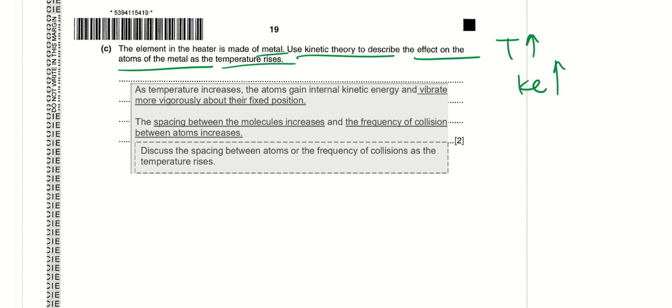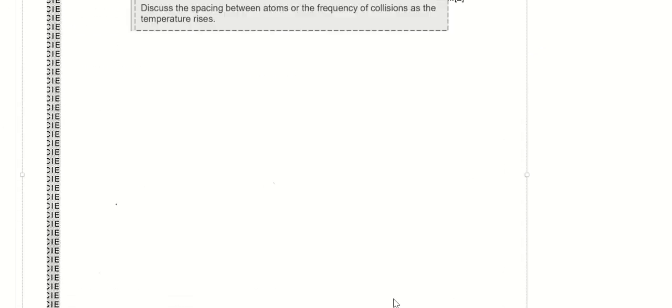As temperature increases, the atoms gain internal kinetic energy and vibrate more vigorously about their fixed position. Spacing between the molecules will increase and the frequency of collision between the atoms will also increase. Okay, so I think that's the end of 2014.